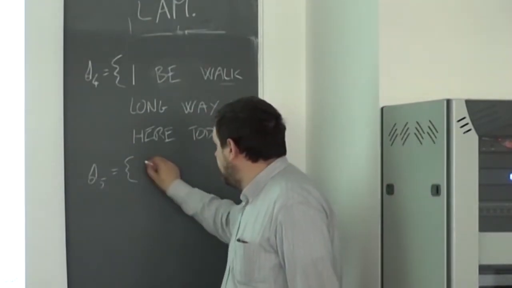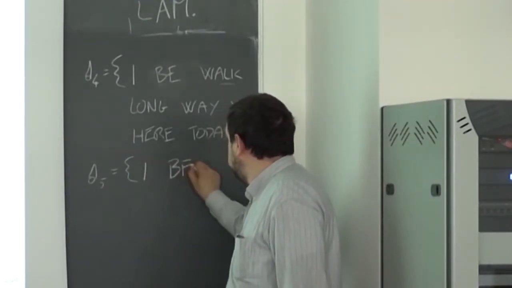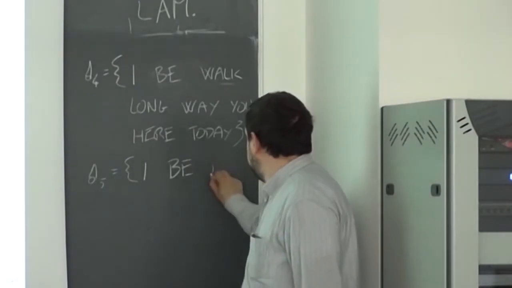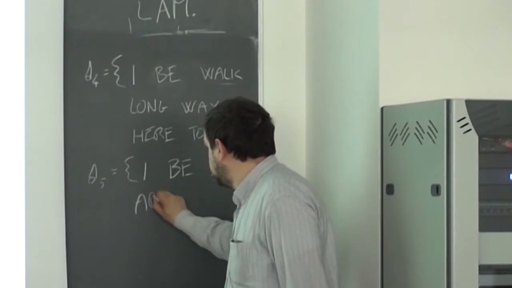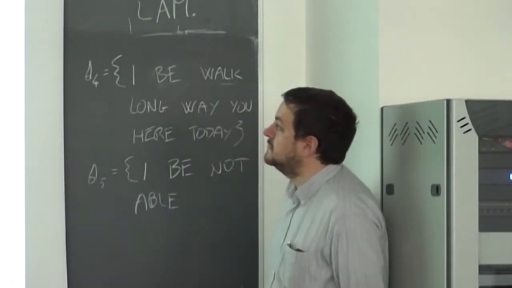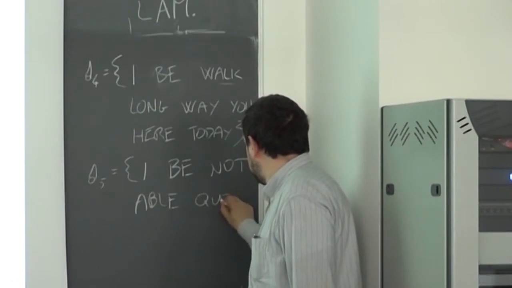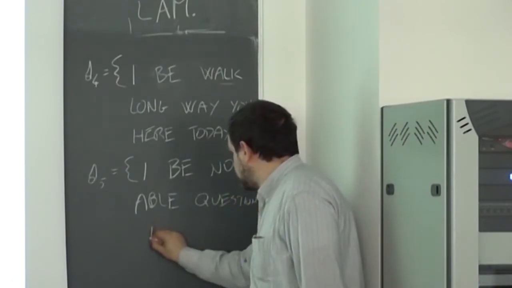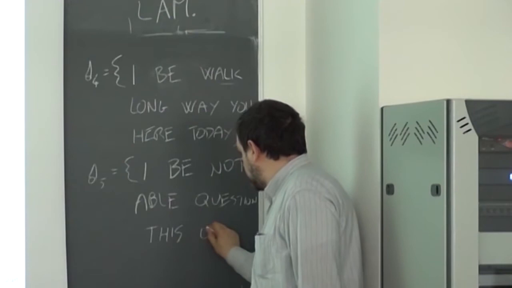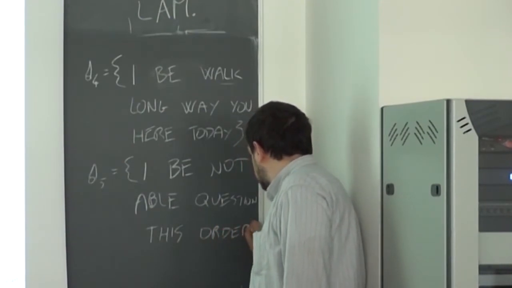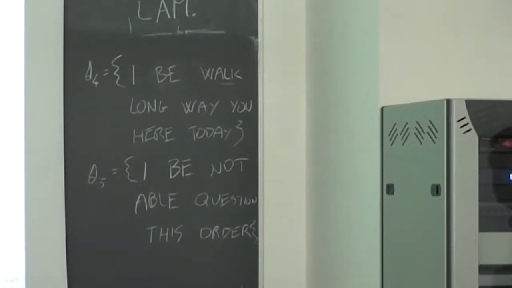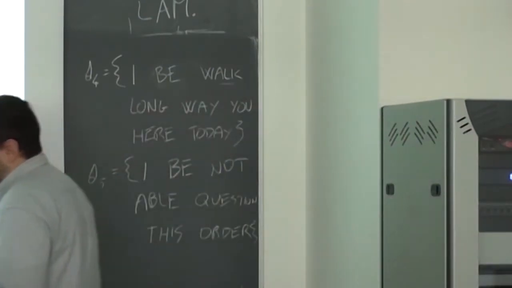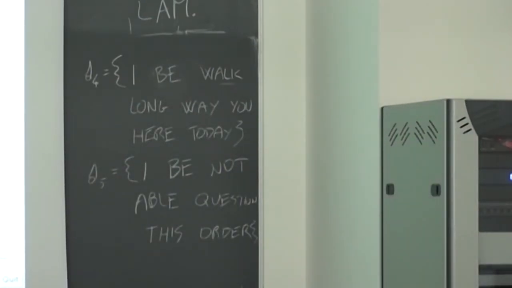Finally, document D5: I, be, not, able, question, this, and order. Okay, so we have transformed the 5 documents into 5 bags of words.